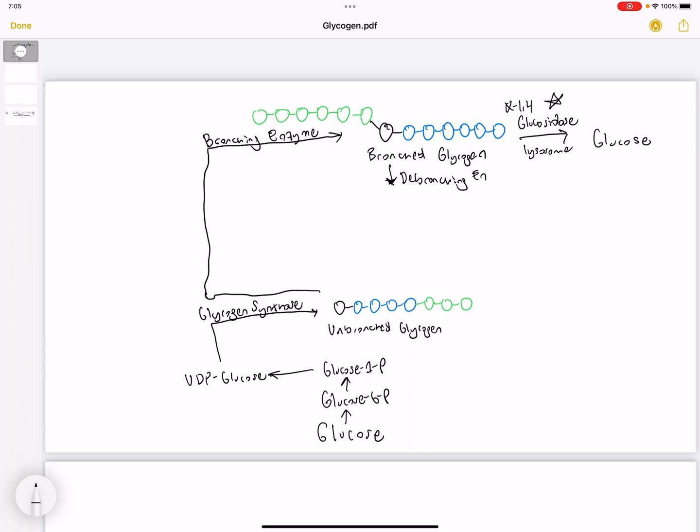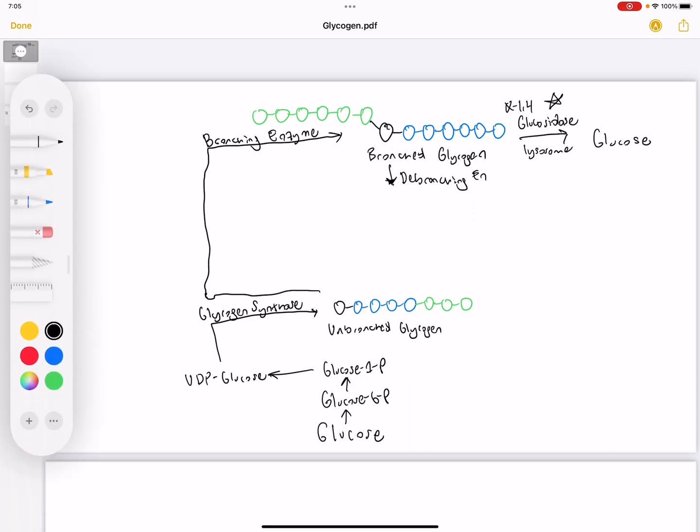And this debranching enzyme can be in the form of glycogen phosphorylase. Let's write the name of the enzyme down.